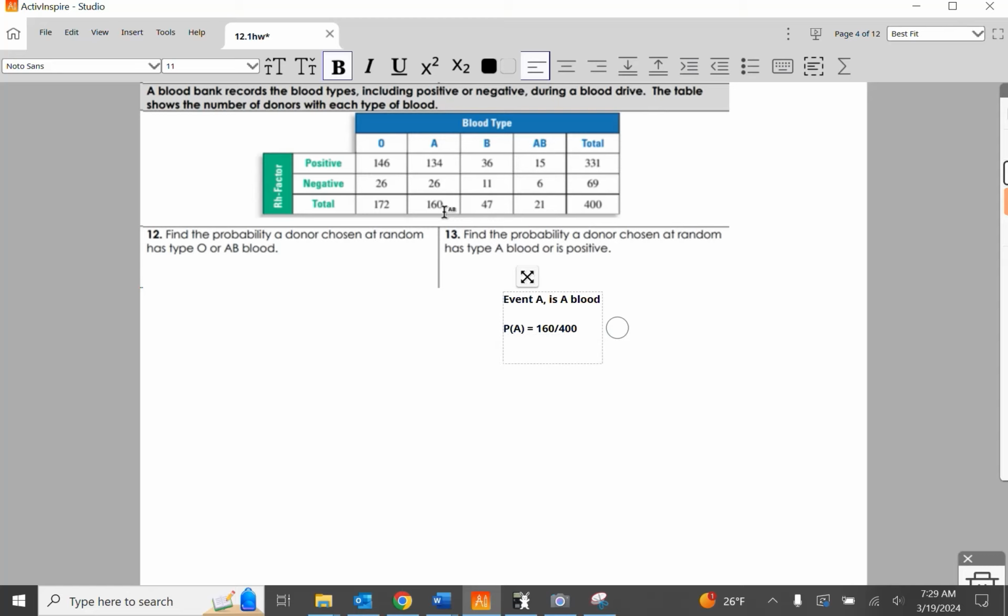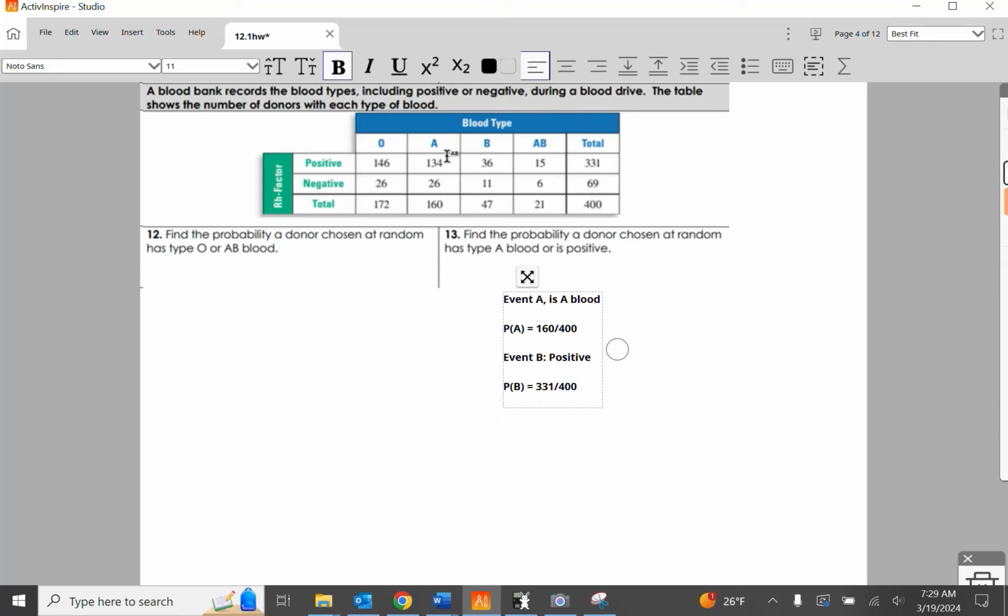Or is positive. That's going to be event B. If I scan across here, there's 331 who have positive blood type, out of 400. And I want the probability of A or B. I do want you to note that there's overlap.